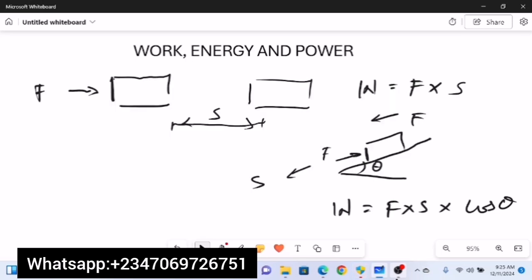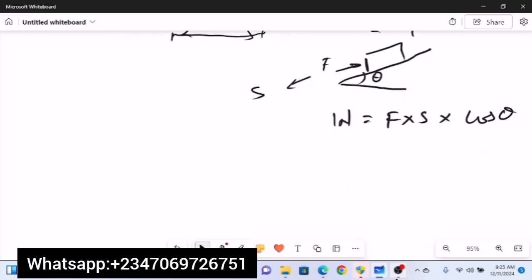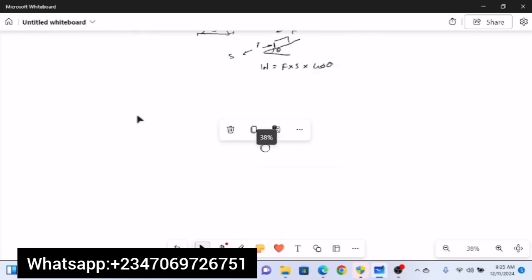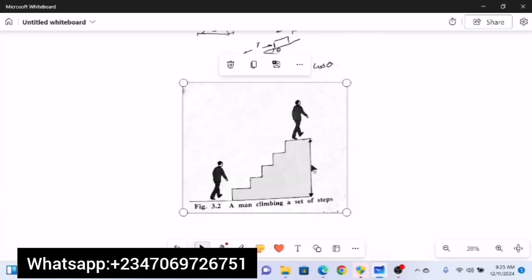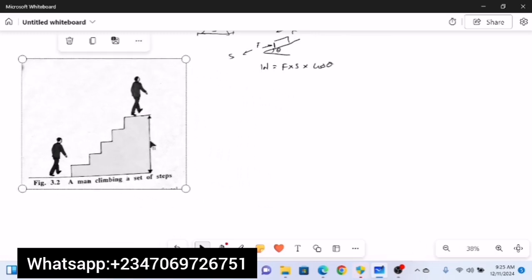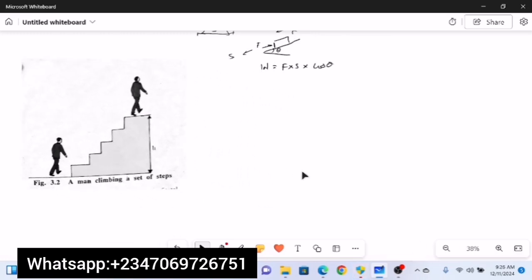Alright, now what happens when we have an object moved to a certain height? For instance, let's consider a man walking up a staircase, as can be seen in this diagram. Work is said to be done whenever a force moves its point of application a distance in the direction of the force.